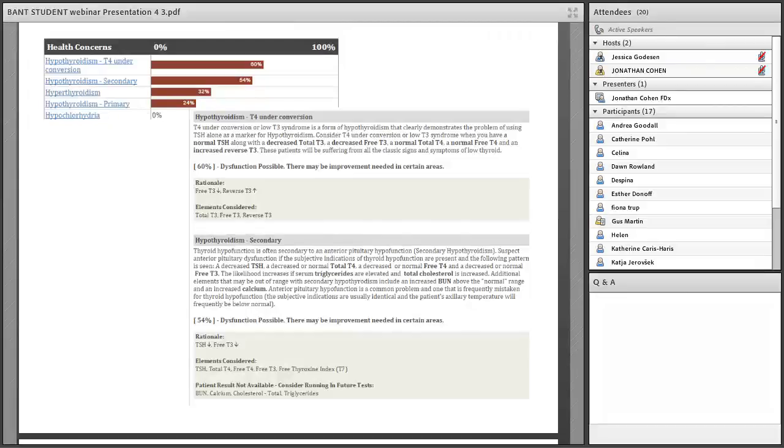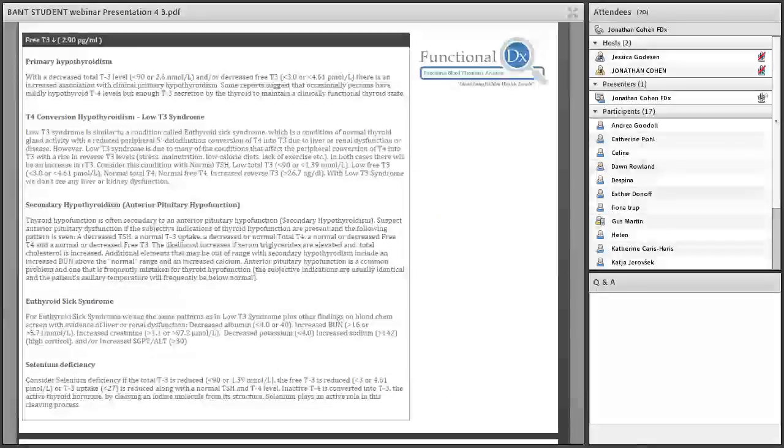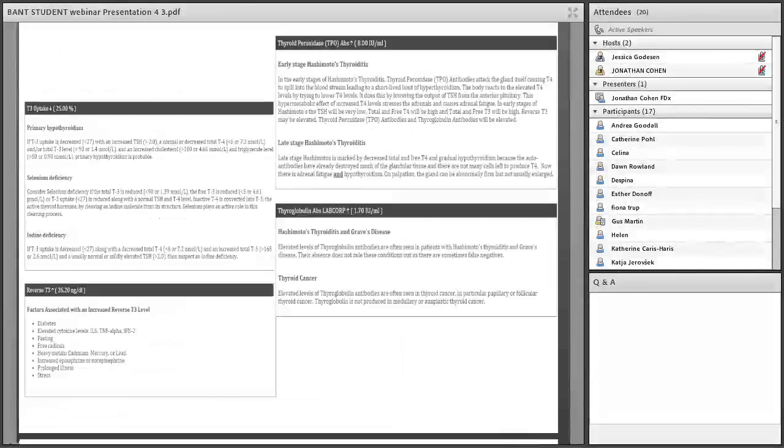So this is prior to the thyroid packing up completely, and that's the one thing we don't want, frankly, because if it ain't totally gone, maybe there's a hope to save it. What to look for when values are out of range. Lots of description. So this is a highly educational program as well.